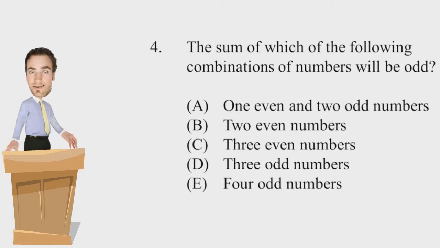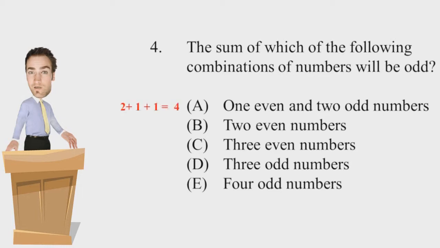Odds are all the integers that are not divisible by 2: 1, 3, 5, 7, 9, 11, and so forth. You can just substitute those numbers in order to figure this out. I don't really see the practicality of knowing any mathematics beyond just using these examples.